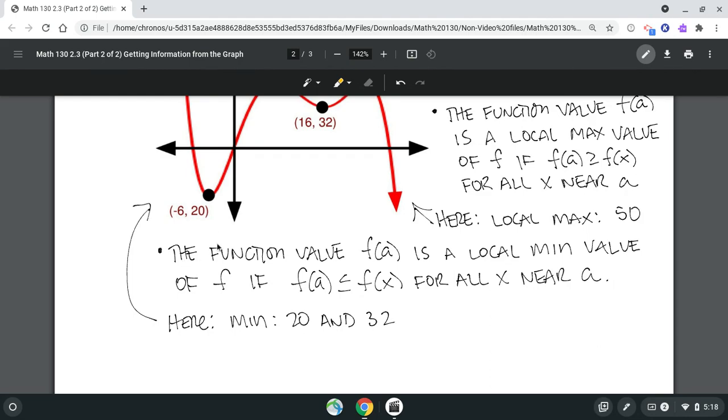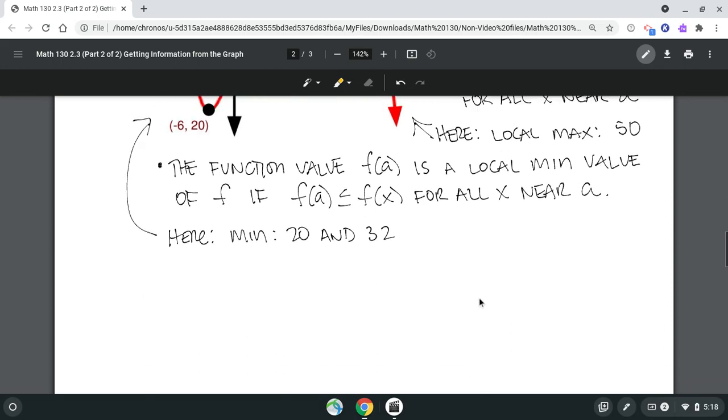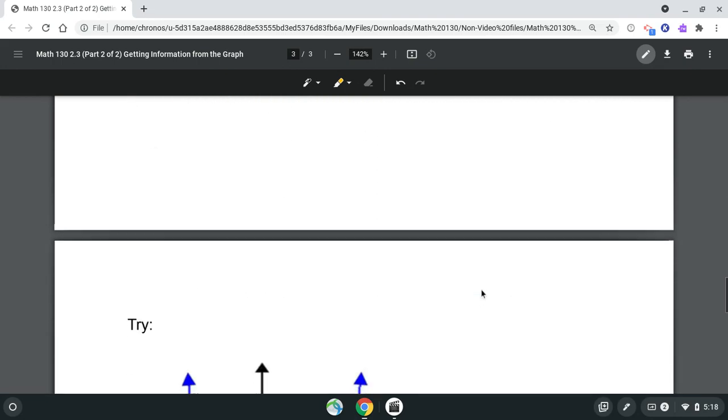Okay, so 20 is a minimum value and 32 is a minimum value. Okay, all right, so go ahead and try this one.